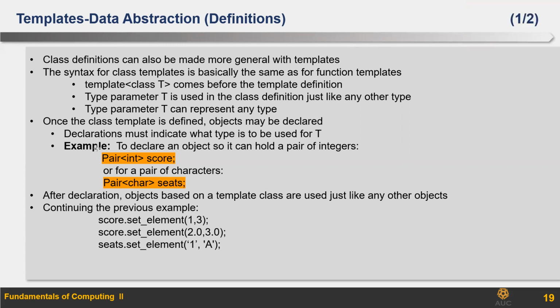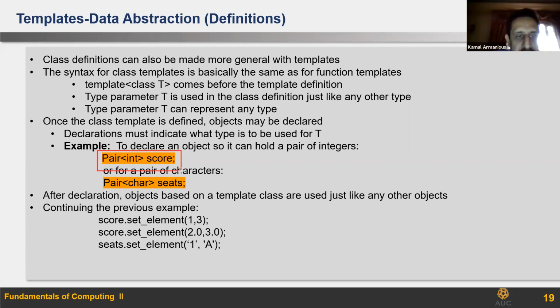So if we are in the main, ya Abdul, and assuming that pair is a class and score is an object of this class, what do you think this class is related to? Which data type? Integers, character? What do you expect?